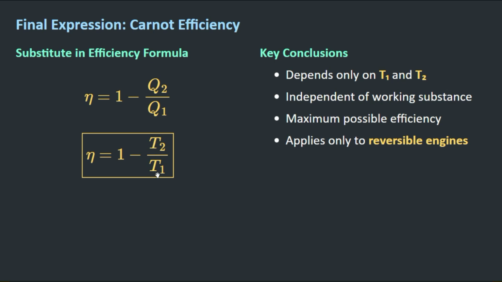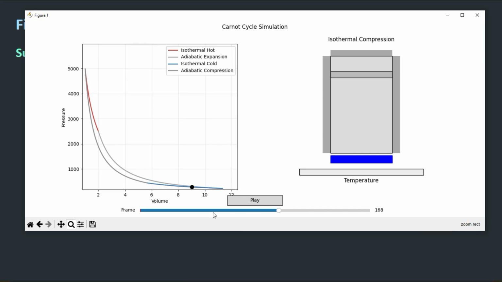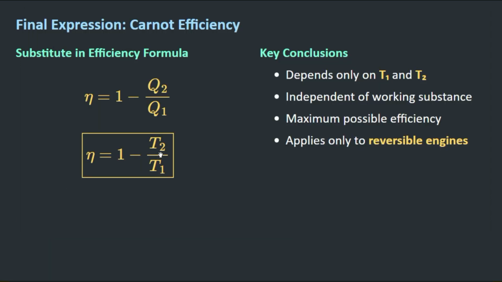As and when the temperature difference between the cold and the hot reservoir gets higher, if this temperature and this temperature differ by a huge amount, then efficiency gets higher and higher. Of course, T1 and T2, you can't have an infinite difference. It has to be finite. Since T1 and T2 is a finite ratio, efficiency cannot be 100%.